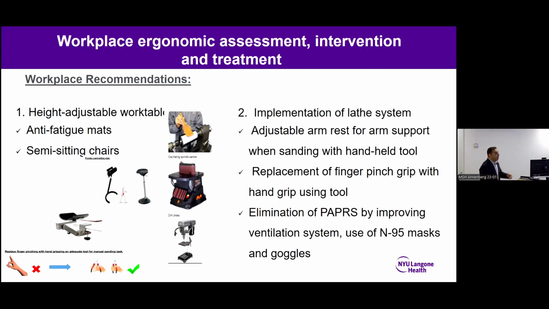All right. Implement a leg system where they don't have to be standing with their hands suspended. There was an initial proposal where we can use an arm support, so they can have an arm support that moves with you, and then it minimizes the shoulder strain. But when you make these recommendations in the workplace, you have to be cognizant of how feasible it is, the investment.